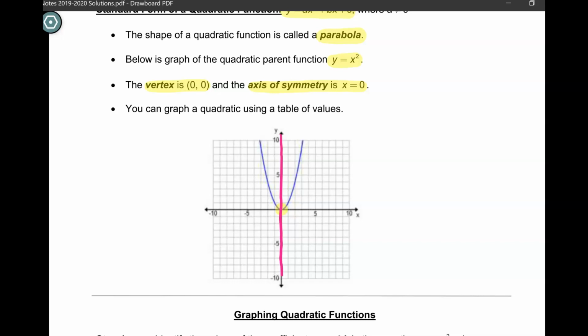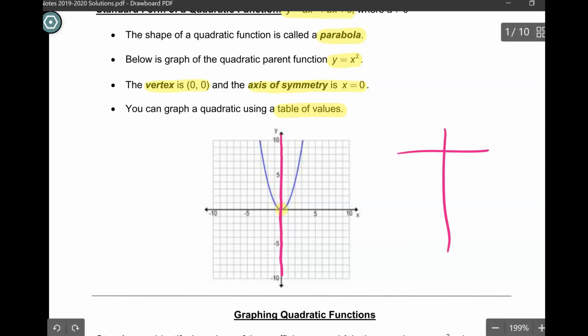Now what we're going to do is graph these using a table of values, which we did when we first started graphing lines, and then I showed you some other methods. So just a quick show here. X is what we're going to figure out what values to plug in, and my y is x squared.